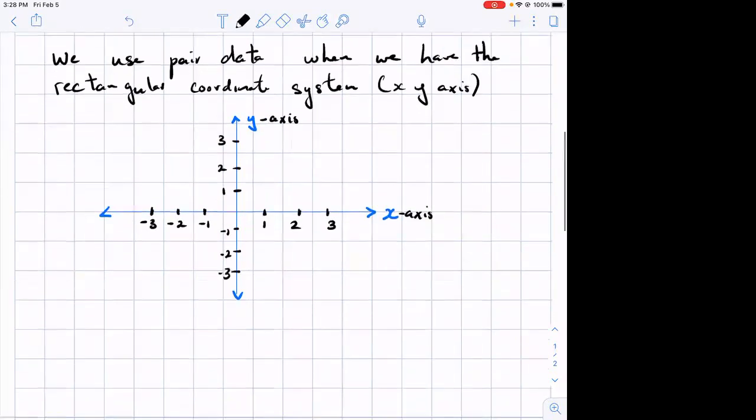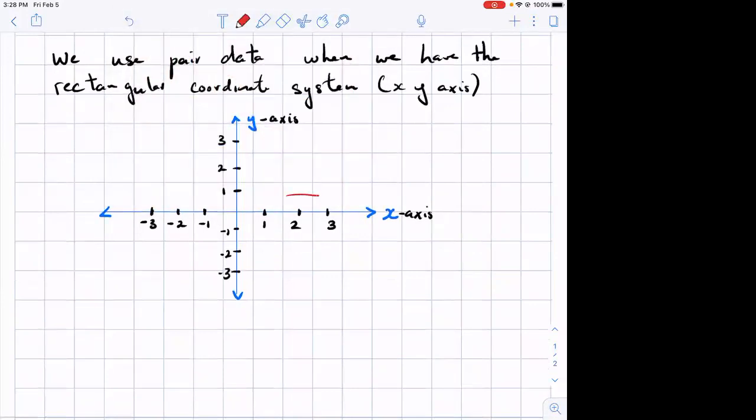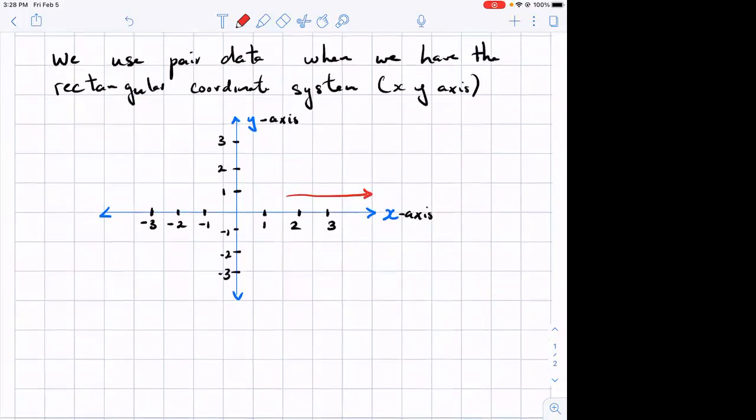You will notice that on the x-axis, as you move this way, you move in the positive direction, and likewise, if you move this way on the y-axis, it's positive also. If we go this way, it's negative, and this way is also negative.